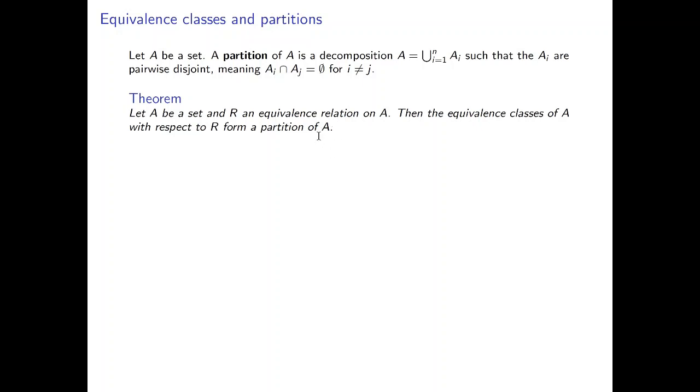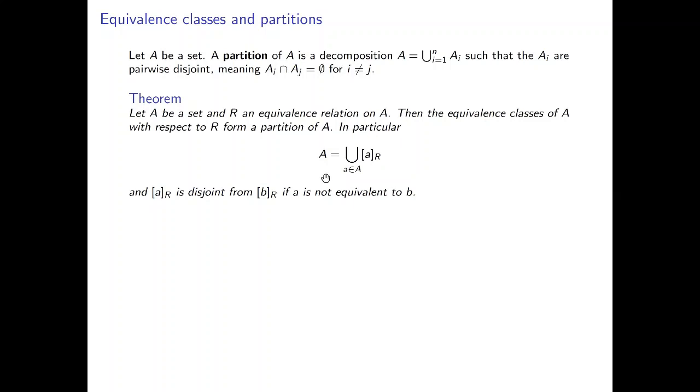And if I consider the equivalence classes separately, then if I look at the distinct equivalence classes and I take the union of all of those, then I get my whole set A. And moreover, the distinct equivalence classes are disjoint. And so one way of writing this is that I can write my set A as the union of all the different equivalence classes. And moreover, if I know that some element a and some element b of my larger set are not equivalent, then their equivalence classes are disjoint.